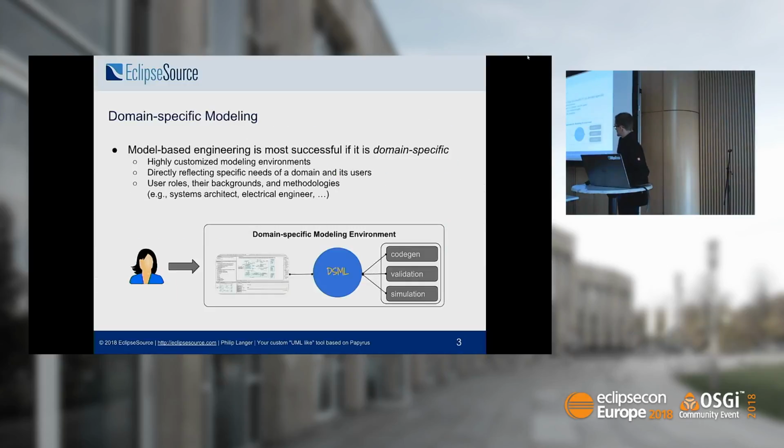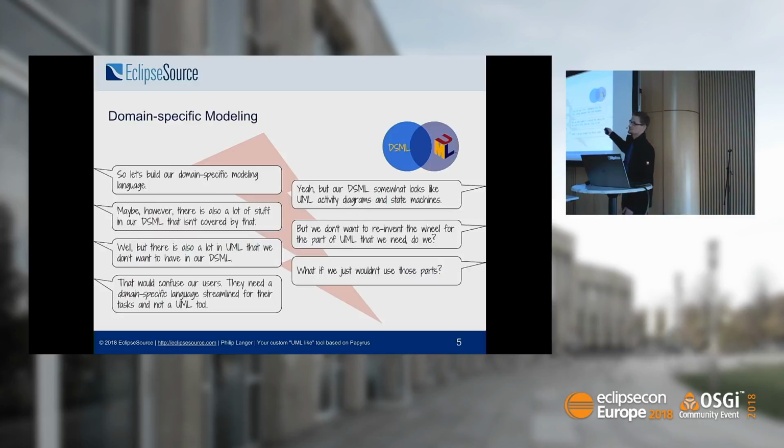And in the end, your components that process those models won't be able to process those parts that you didn't define to be part of your domain-specific modeling language, but which just came in because they happened to be part of UML. So this is not a good idea. So the only option seems to be to just create a DSML from scratch and reinvent the wheel, right?